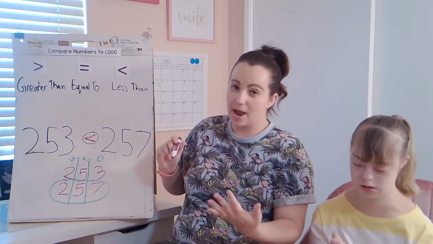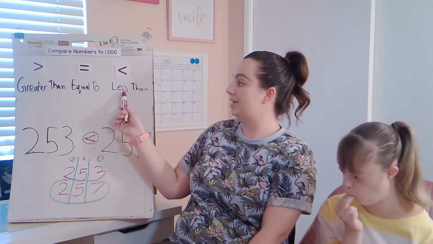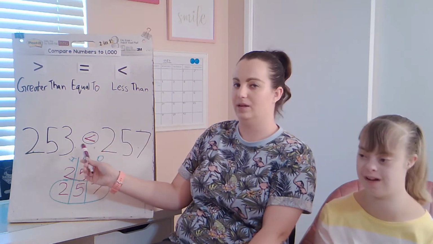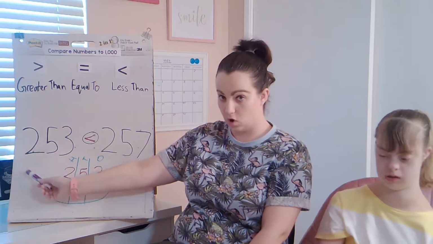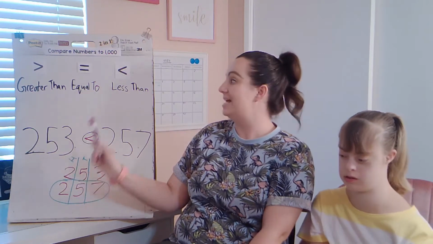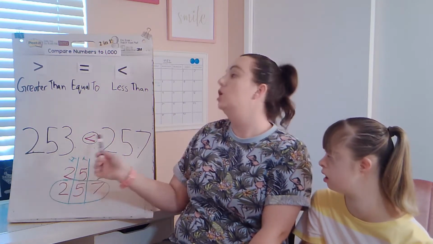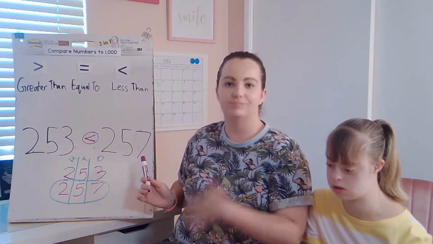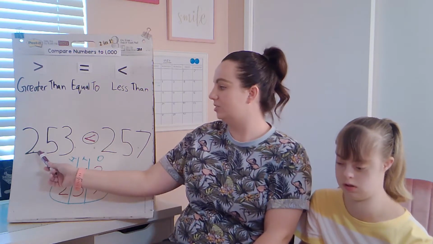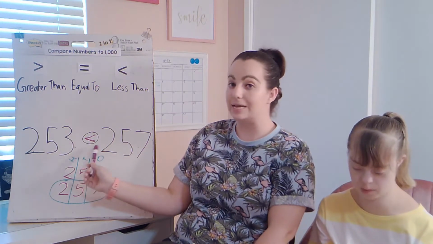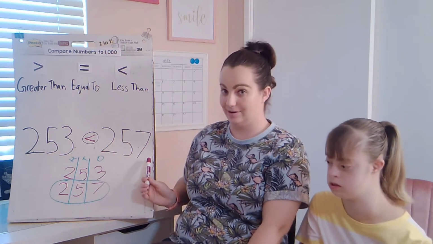If we go back and read it, we'll make sure to use the less than, because this is the less than sign. It would read 253 is less than, meaning it's smaller than 257, which makes sense, because 253 is smaller or less than 257.